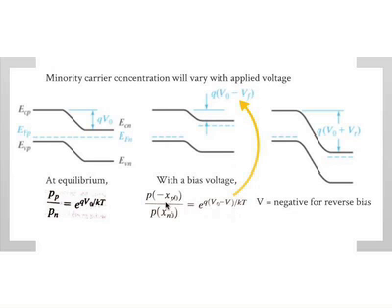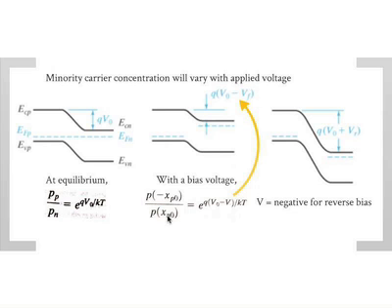So you can see that when V is positive, this whole thing decreases. When that decreases, this ratio decreases, right? Which means that I am getting more holes on the n-type. I'm getting injection of holes from this side to this side. Okay?